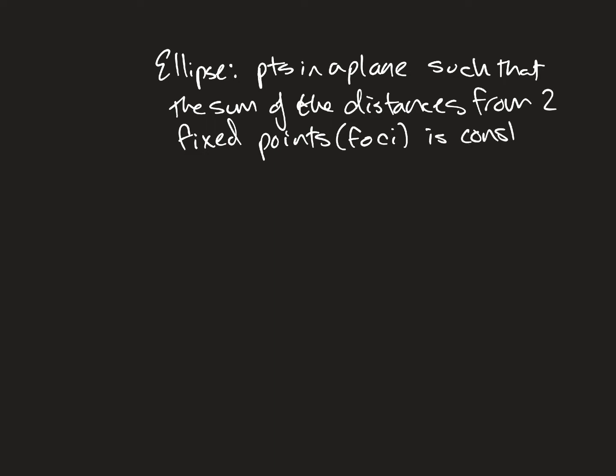So a constant sum, and if you remember the activity we all did with the string, well, that constant sum is the length of the string. If I do F1 and F2 standing for my foci, and P is some point on the ellipse, it's always the case that F1P plus F2P, so the sum of the distances from those two foci, is constant.